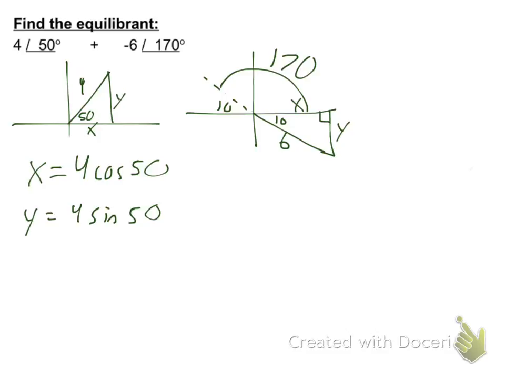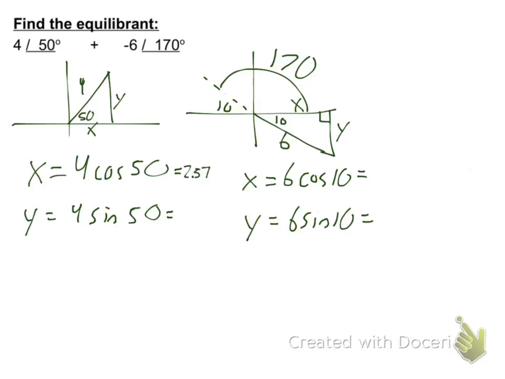Taking your calculators out, work on that. X equals 6 cosine of 10. Y is 6 sine of 10. Should be going a lot quicker. Second time through with a different problem, same stuff. 2.57 for cosine. Not yet.